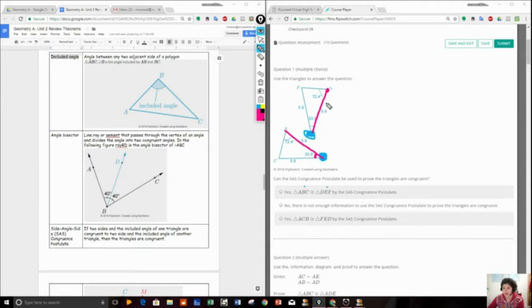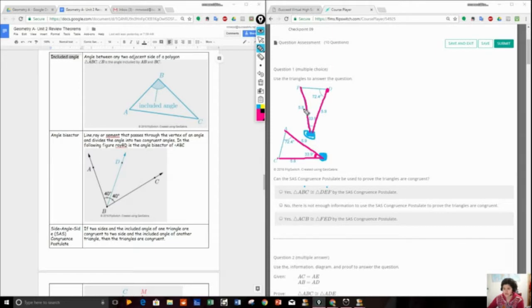So far we have one side and the angle, and now we need to check the other adjacent side of the angle. B to C is 5.8, and C's corresponding vertex would be F, so we need to check the side length EF because that's the corresponding side length to BC.